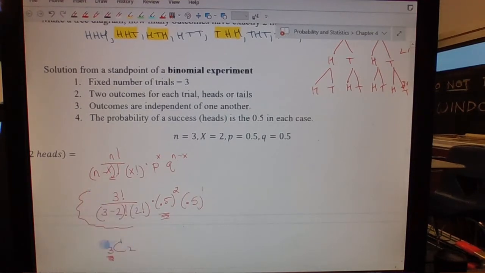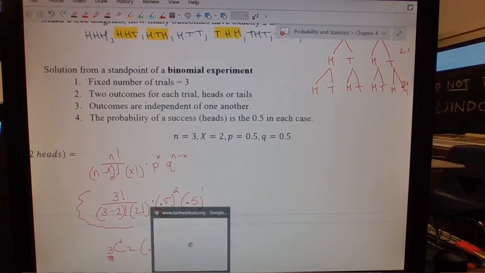Otherwise, I think it probably gives you an error back, or it might say 0. Like if I have 2 objects and I'm going to pick 3 of them at a time, is that impossible? Is that going to happen 0 times? Does that make sense? Okay. And then your 0.5 squared and then 0.5 to the first. That's a little bit easier to type in on your calculator.